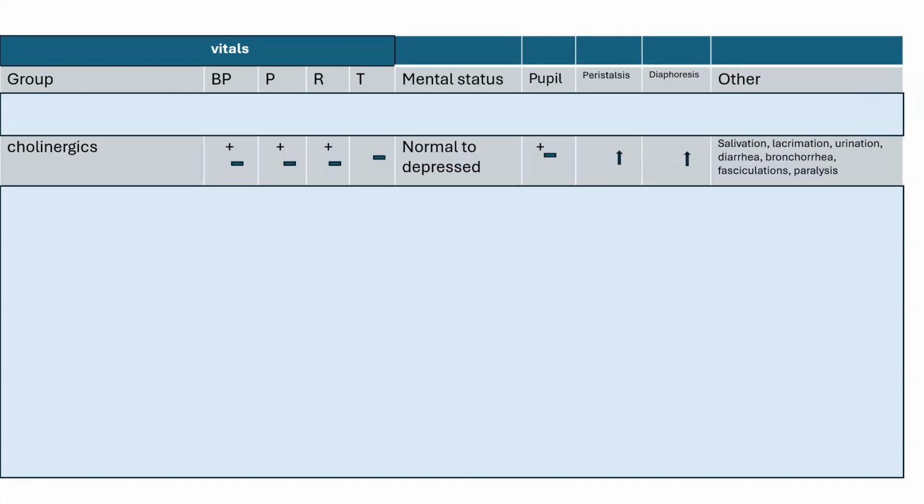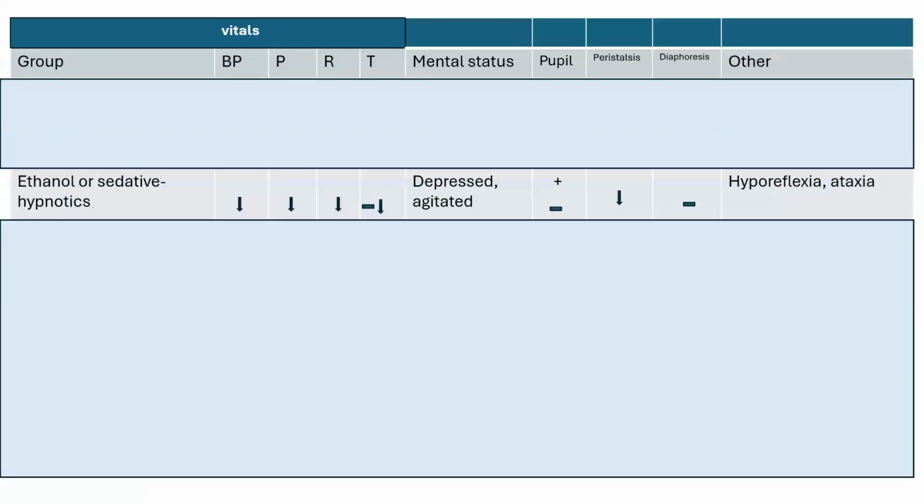Cholinergics are the opposite. They predominantly have normal to depressed mental status, increased peristalsis, and are diaphoretic. They will have salivation, lacrimation, urination, diarrhea, bronchorrhea, fasciculations, and paralysis. So you need to observe those kinds of signs and symptoms and, of course, treat accordingly and early.